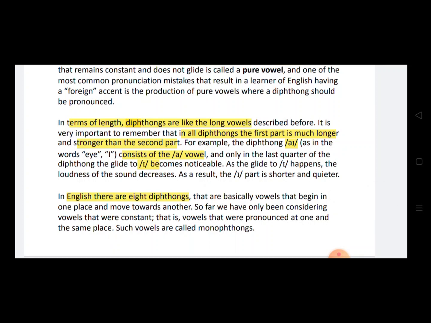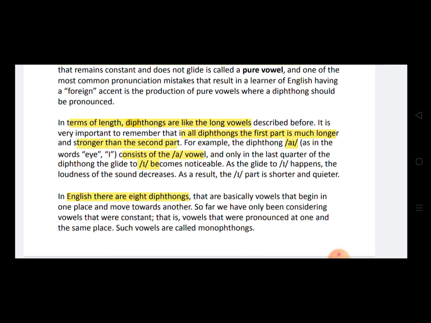In terms of length, diphthongs are long vowels, and you have to remember that in all diphthongs the first part is much longer and stronger than the second part. For example, the diphthong in the word I consists of one vowel, and the second one is the E vowel.